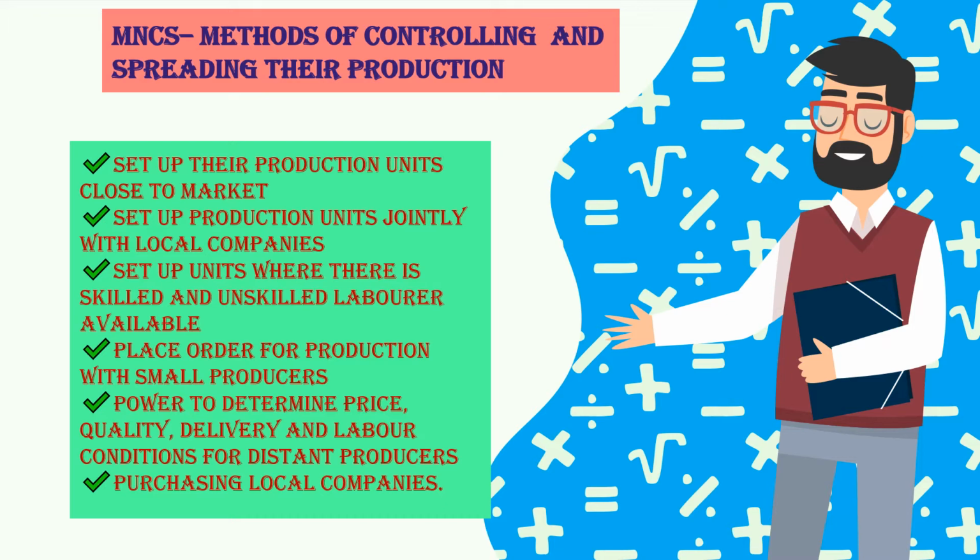Number four, if they get a big order, they place that order with the small producers. By doing that, they have the power to determine the price, the quality, the delivery and labor conditions for that producer. The last one is they purchase local companies. So these are the few methods that MNCs take to spread their production units in different countries.